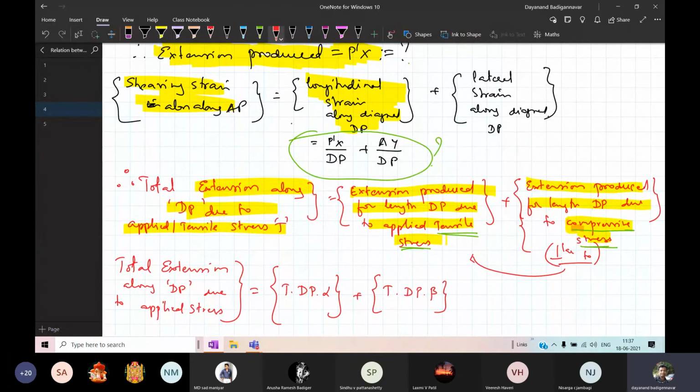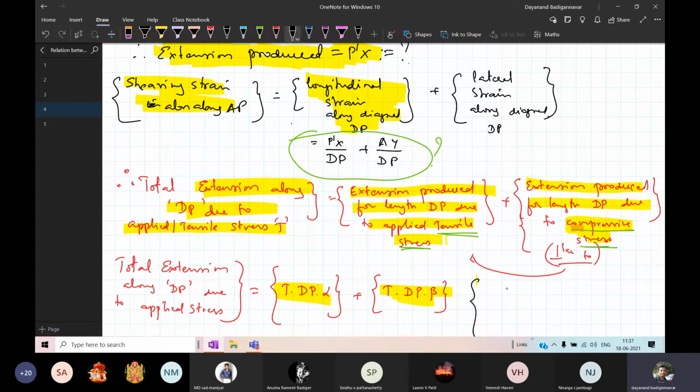So this is the case. This is what you get. How you get it is the question. I will tell you, it is easy. T is the stress, dp is the diagonal, and these are alpha and beta. What are alpha and beta?